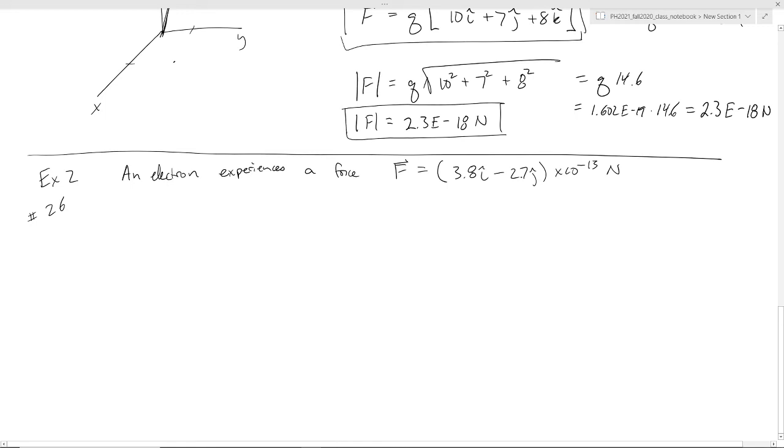This occurs while passing through a magnetic field, where our magnetic field is 0.85 Tesla in the k hat direction. And we want to know what is the velocity of the electron.